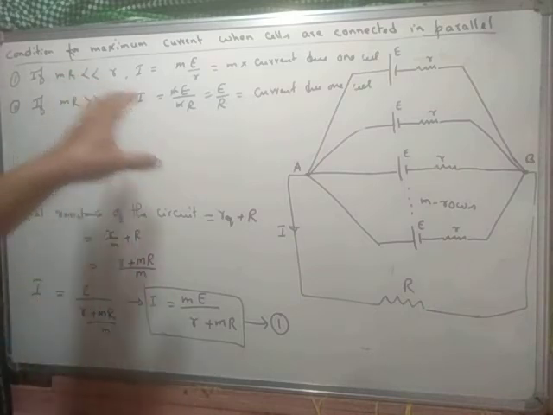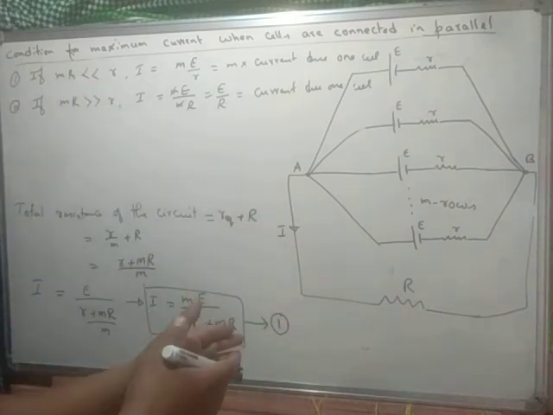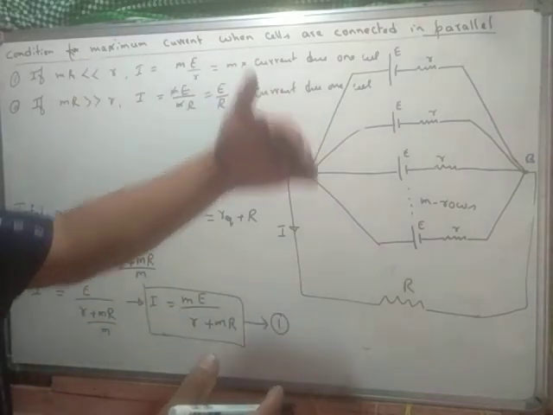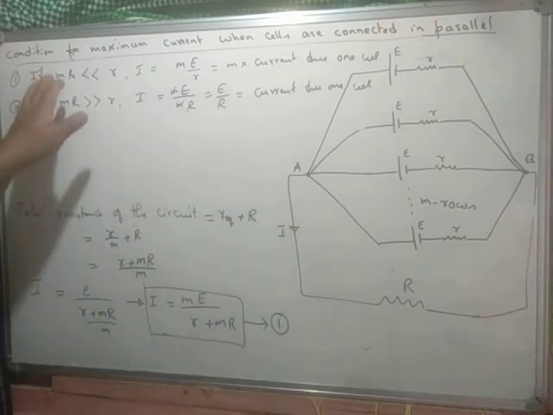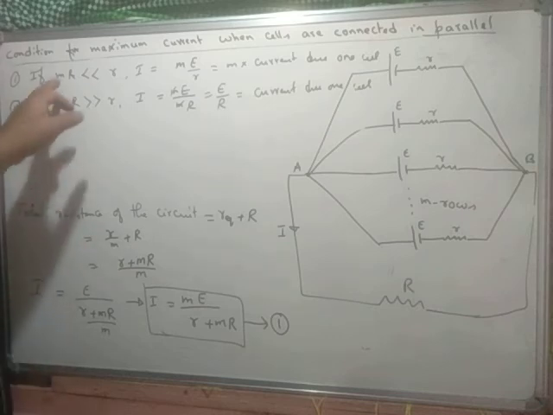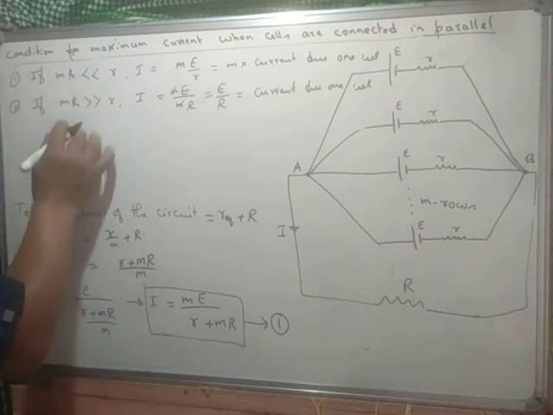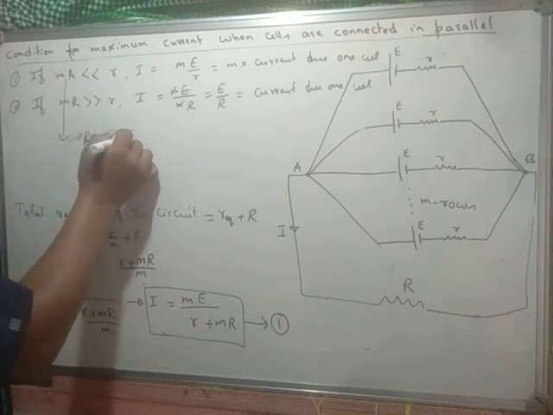Please remember this. In series combination, capital R should be greater than the sum of the internal resistances to get a maximum current. But in parallel combination, when I say mR is small compared to r, I can also say R should be less than r upon m.